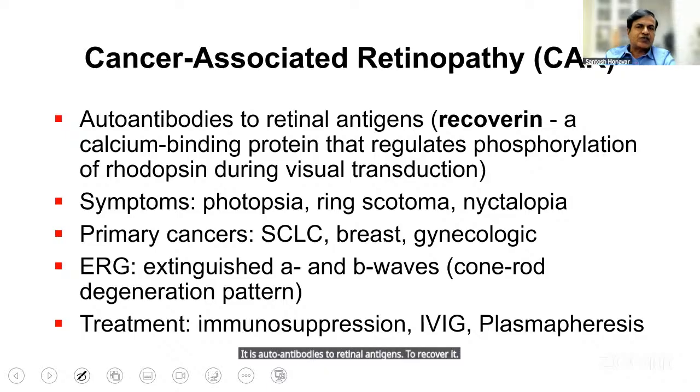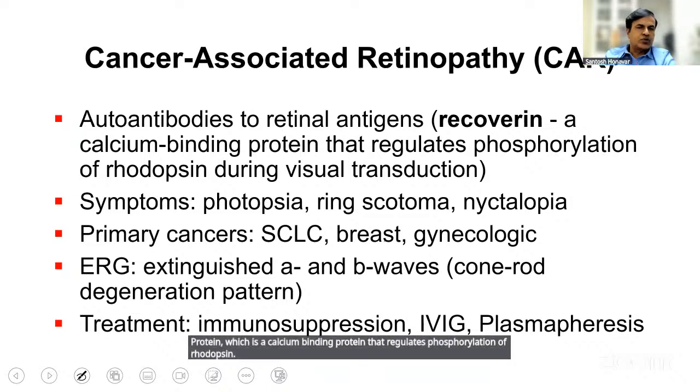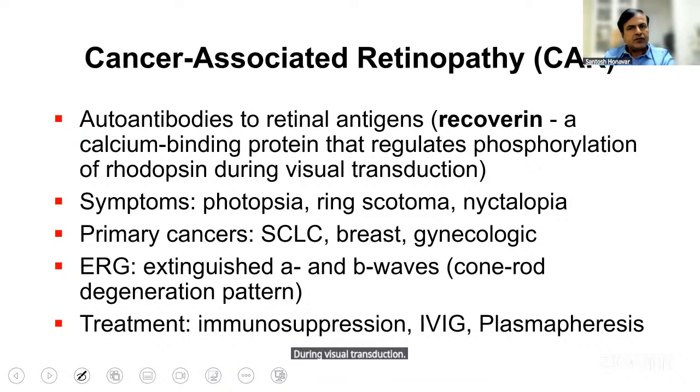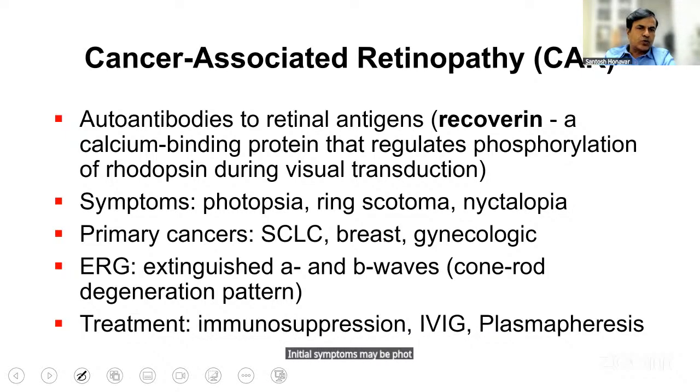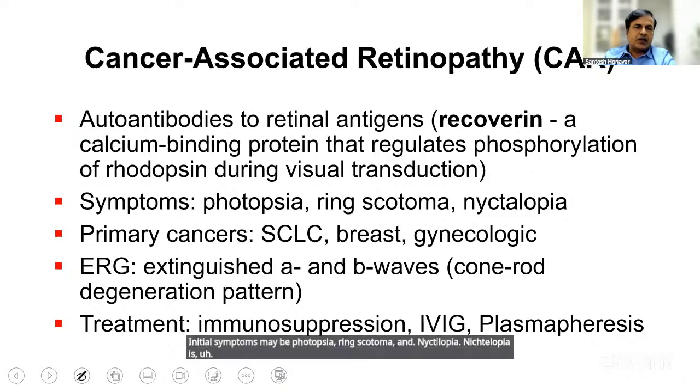Recoverin is a specific protein, a calcium binding protein that regulates phosphorylation of rhodopsin during visual transduction. If there are autoantibodies to recoverin, the patient loses vision. Initial symptoms may be photopsia, ring scotoma, and nyctalopia. Nyctalopia is typical of melanoma-associated retinopathy. It can also be seen in cancer-associated retinopathy.